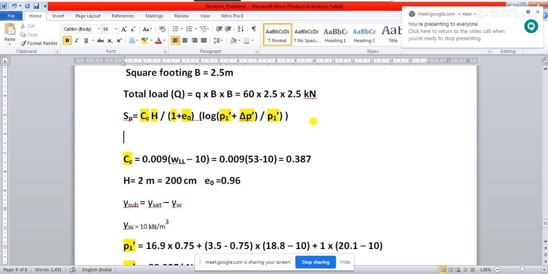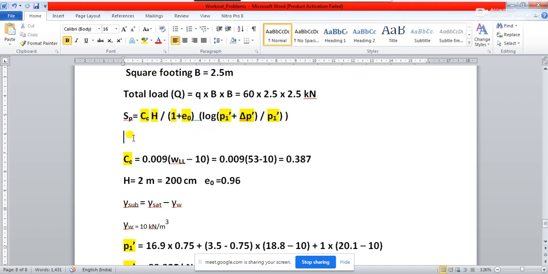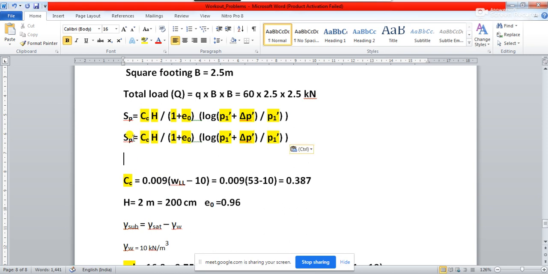So what is the value of Cc you have calculated? 0.387, right? And what is the value of H? If we calculate the settlement in centimeter, then let us put the value 200.